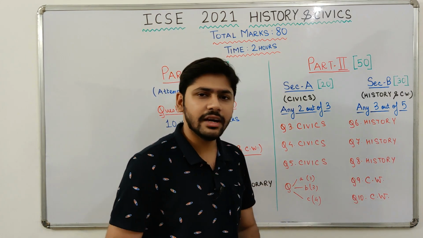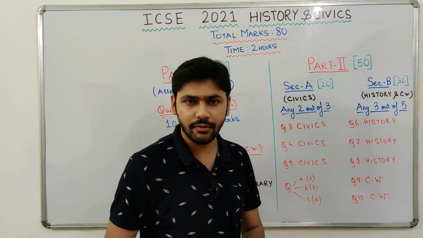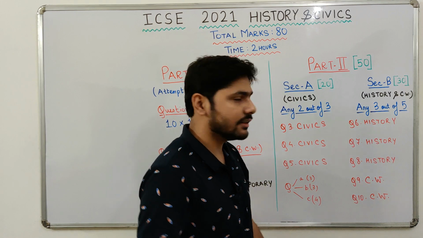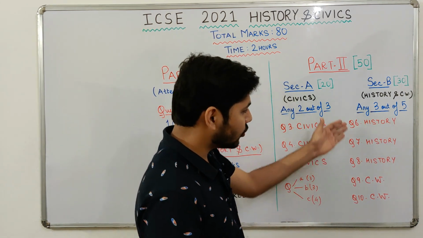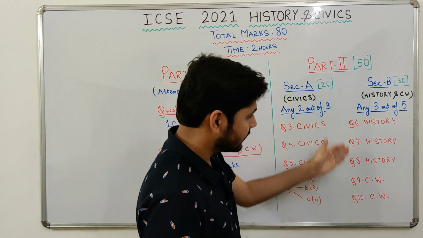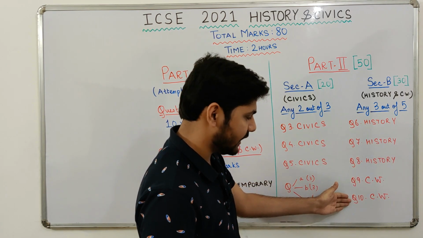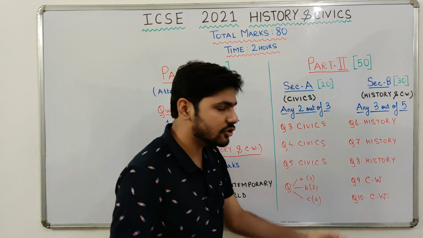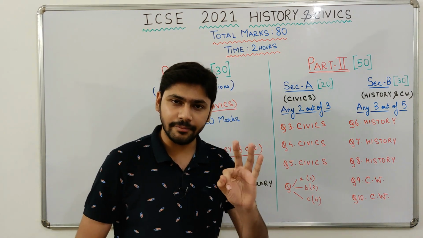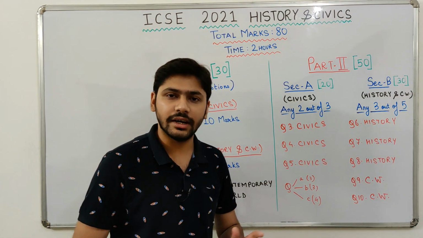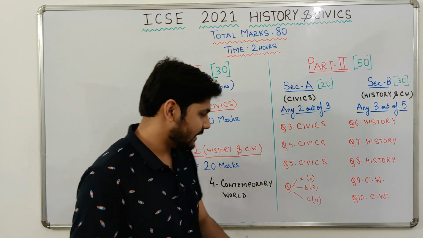Moving on to Section B. In Section B, you will get questions from History and Contemporary World. This is a 30 marks section. You will get a total of 5 questions: Question 6, Question 7, Question 8, Question 9, and Question 10. Out of these 5 questions, you will have to attempt any 3. So 3 into 10 gives you 30 marks. The subdivision is the same.